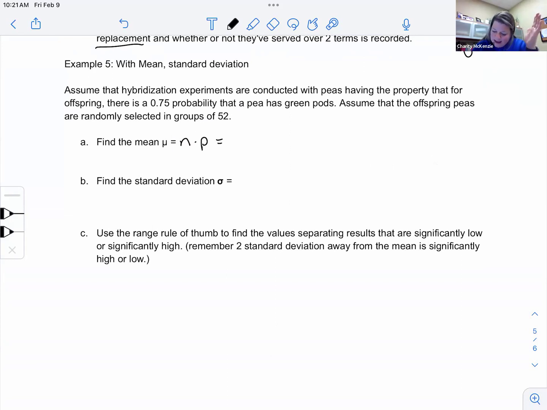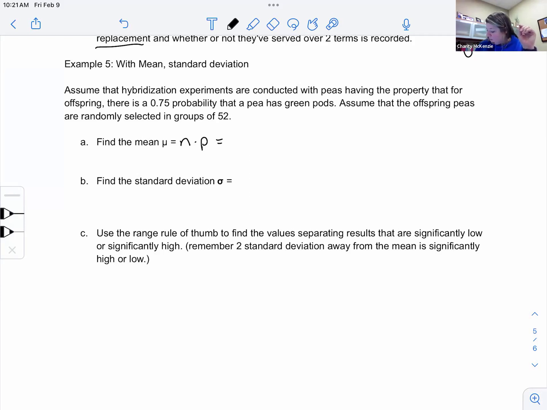Assume that hybrid experiments are conducted with peas having the proper genetic makeup for their offspring. I'm terrible with pronunciation, totally laugh at me, it's fine. There is a 0.75 probability that a pea has a green pod. Assume that the offspring peas are randomly selected in a group of 52.